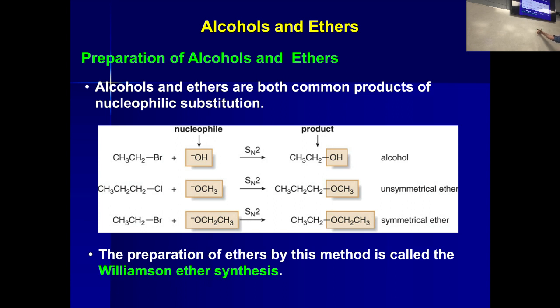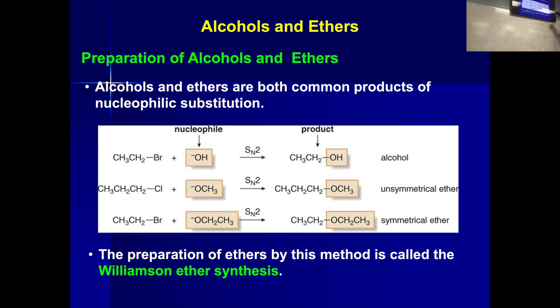Is that a primary, secondary, or tertiary alkyl halide? Okay, we've got a carbon. How many carbons are attached to that carbon? 1, so it's a primary. This is a primary alkyl halide. Very important. It is a primary alkyl halide. We're going to react that with hydroxide, of course sodium or potassium hydroxide. And this is going to be an SN2 mechanism, so the reaction is going to proceed.